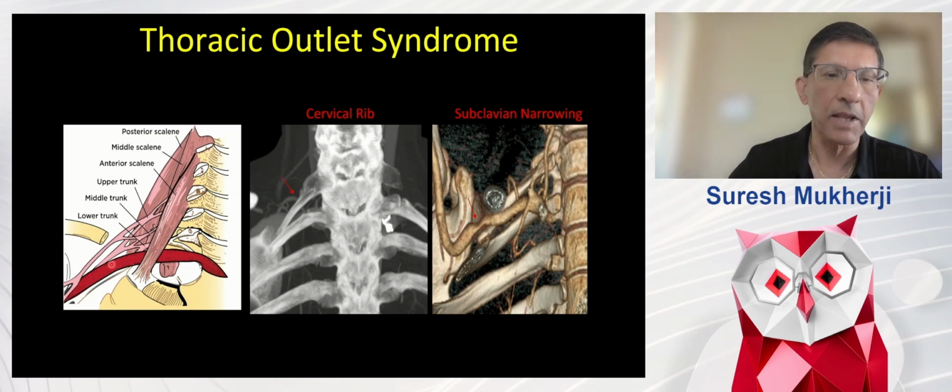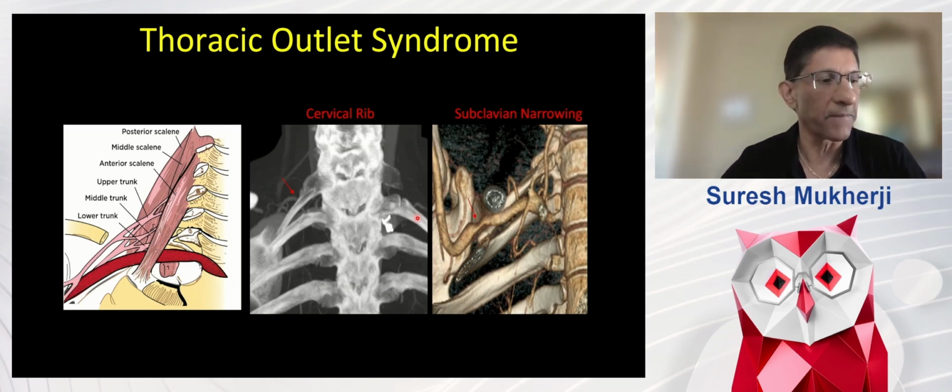So if that subclavian artery is pinched and narrowed like this, we know the brachial plexus must be involved because it's running directly adjacent to the subclavian artery. So these are two examples of brachial plexopathies due to thoracic outlet syndrome that can be treated, but we have to make sure that we know the anatomy to make that diagnosis.